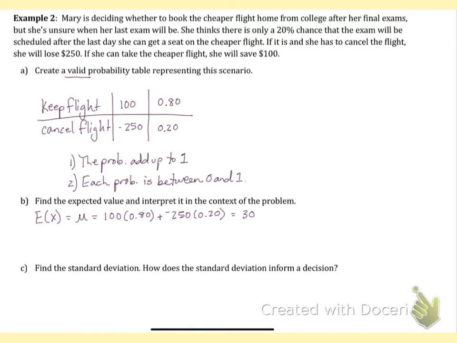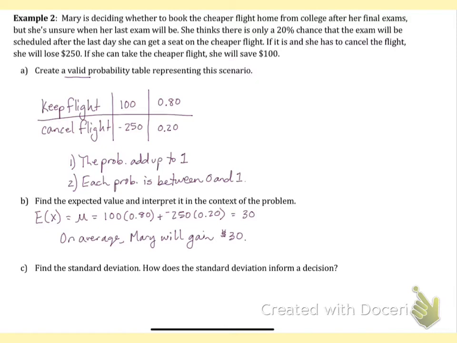However, if she were to do this scenario over and over again, her average would be 30. So, on average, Mary will gain $30, and that's if she books that cheaper flight.